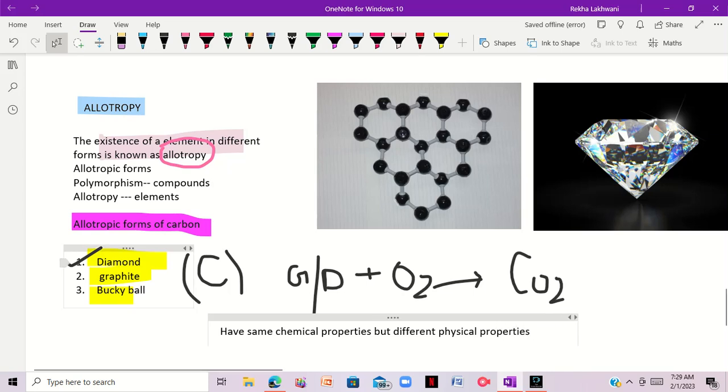As you all know, diamond is the hardest substance known.